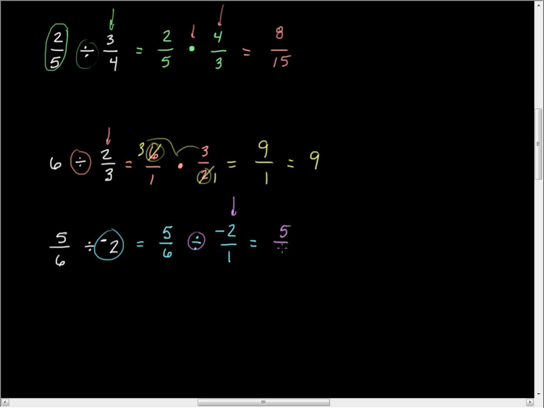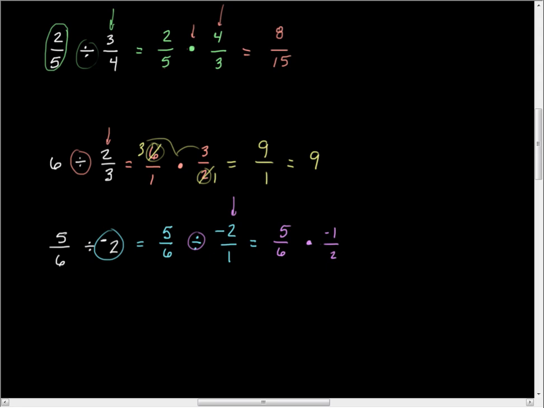And so I take 5/6. I'm inverting my division to multiplication. I'm inverting my negative 2 over 1 into negative 1 over 2. The negative doesn't care where it goes. It could be the 1, it could be the 2, it could be out front. They're all the same. It's whatever's most convenient for you.